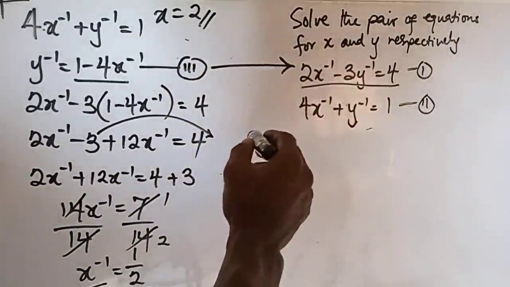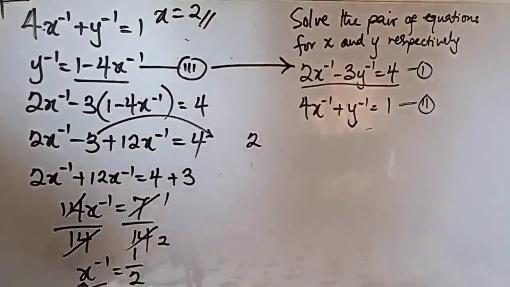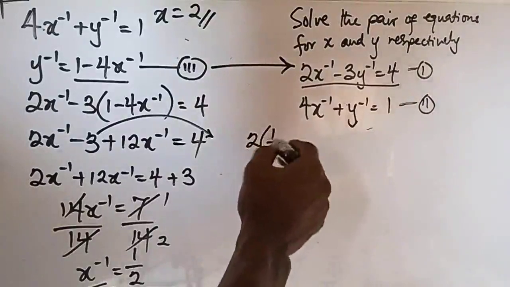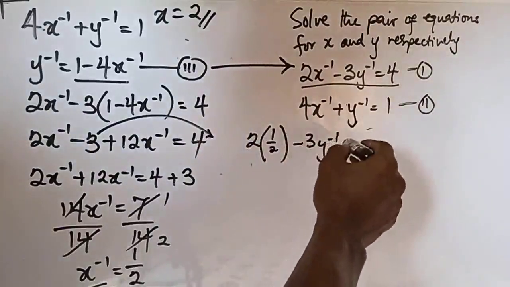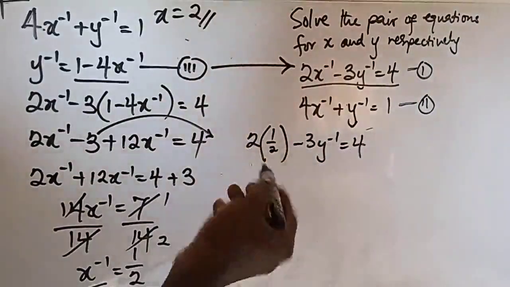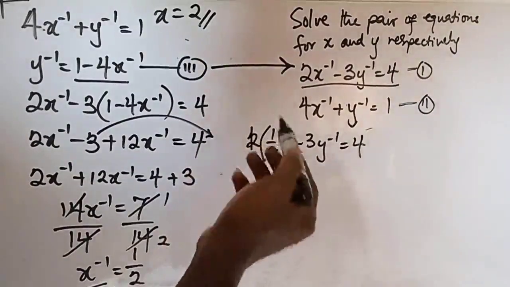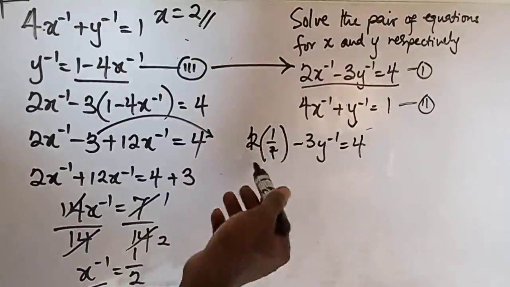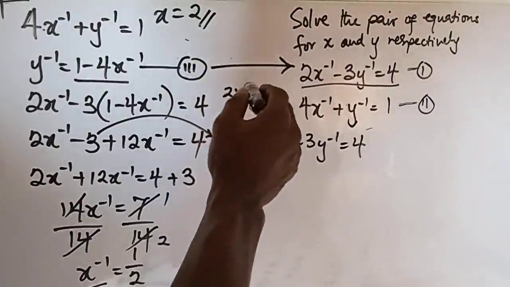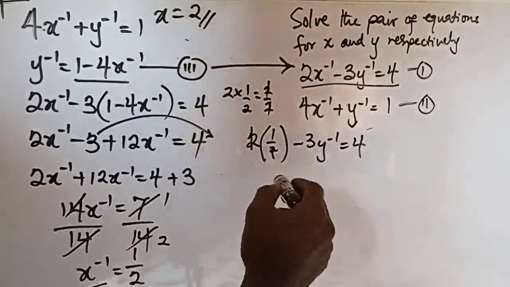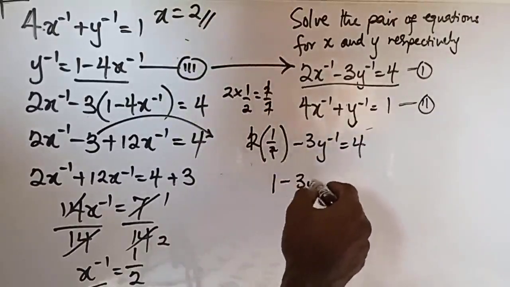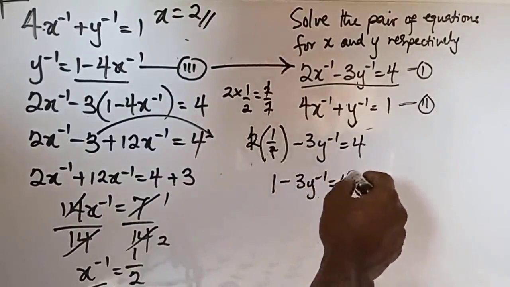So here we have 2 times 1 over 2, minus 3y raised to minus 1 equals to 4. Now here we can cancel out. This is the same thing as saying 2 times 1 over 2, which is 2 over 2. This cancels. So here we have 1 minus 3y raised to minus 1 equals to 4.